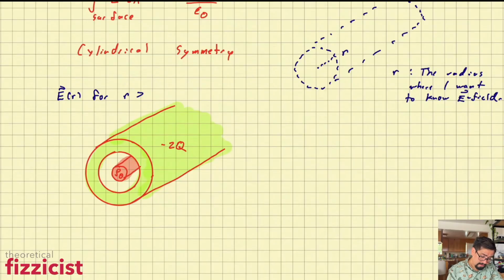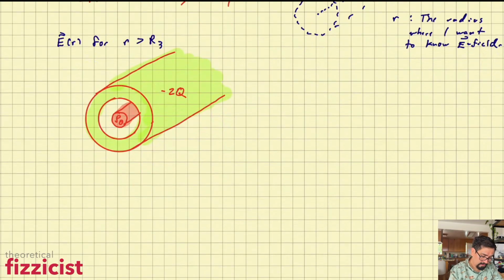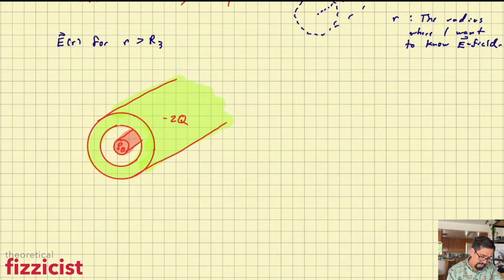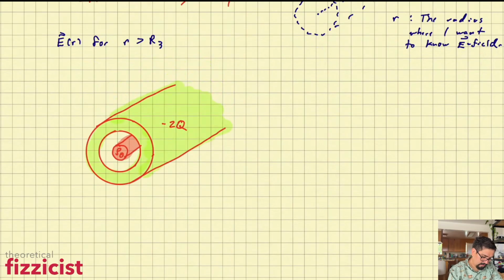So I want to know the electric field for little r's greater than R3. I'm going to create my Gaussian surface, talk about its features, and knock out this calculation very quickly, taking advantage of the work done by Gauss. So again, I create a new cylinder here. But remember, this new cylinder is not real.